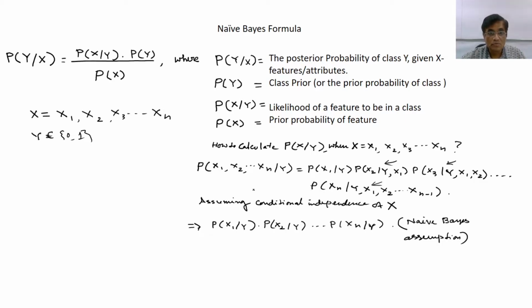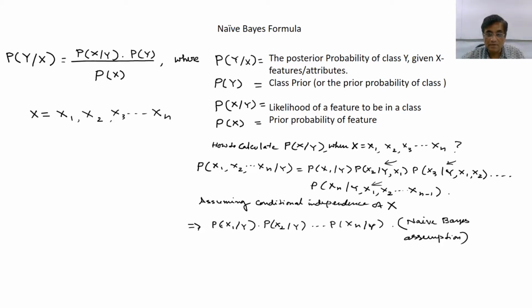And then what do we do? The engineers always do all kinds of things, assumptions. We assume that the events, the event space of features, are conditionally independent. So if they are independent, then this formula can be written in a computable form.